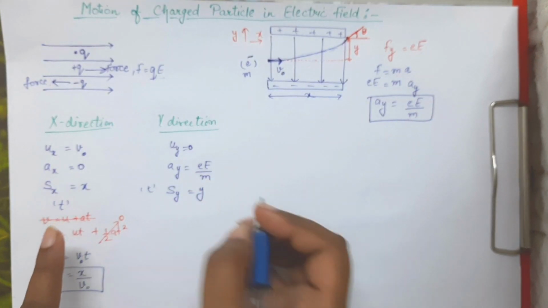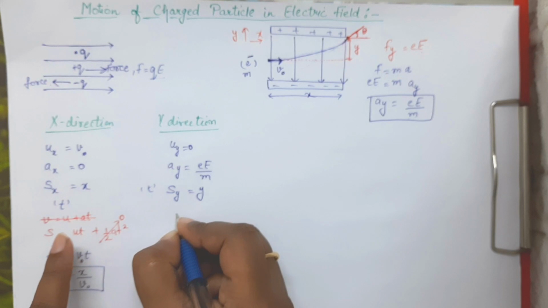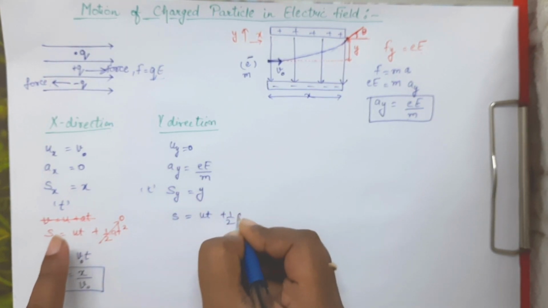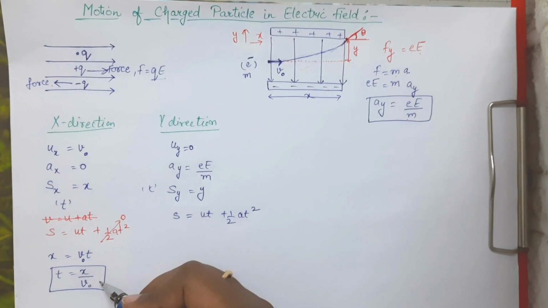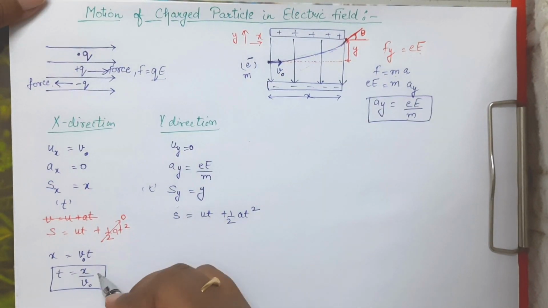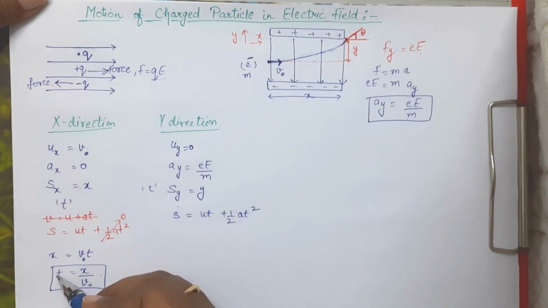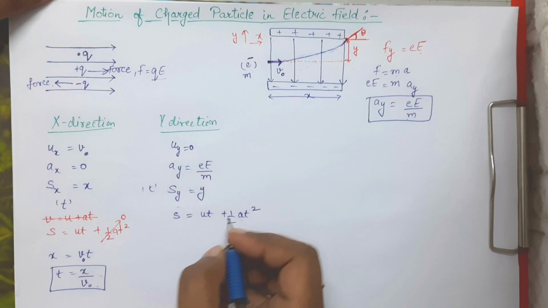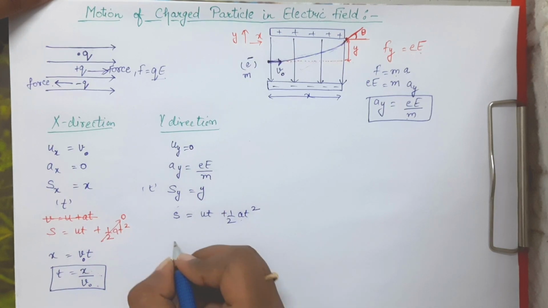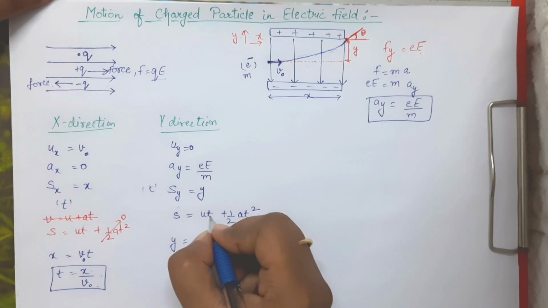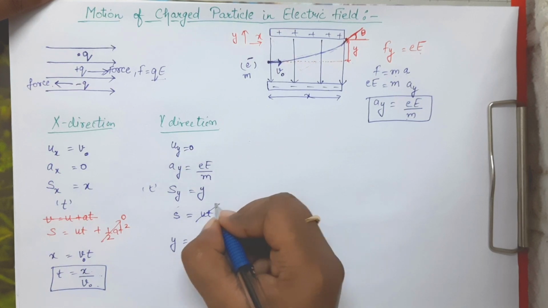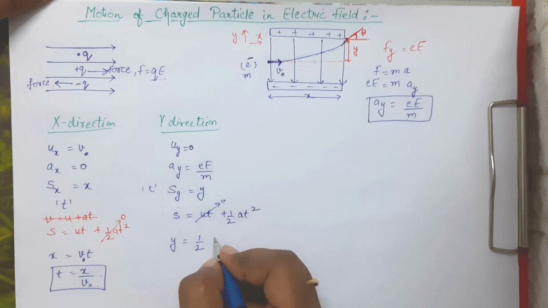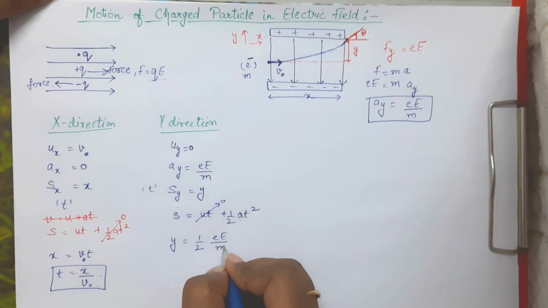So now we are going to use the formula s equals ut plus half at square. Here we have found the time will be same for both, so instead of t we can use x by v naught. Now using this formula, displacement along y direction y is equal to ut, u is 0 here, so it will become 0. It will be half a, that is e by m, into t square.